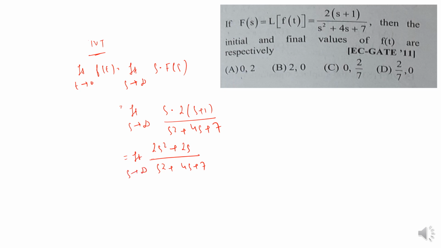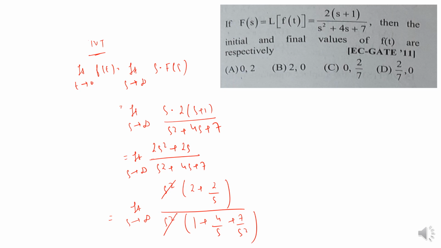Now what we can do is take s square common. If we take s square common from the top, we get 2 plus 2 by s, and from the bottom, 1 plus 4 by s plus 7 by s square, and this is the limit as s tends to infinity.